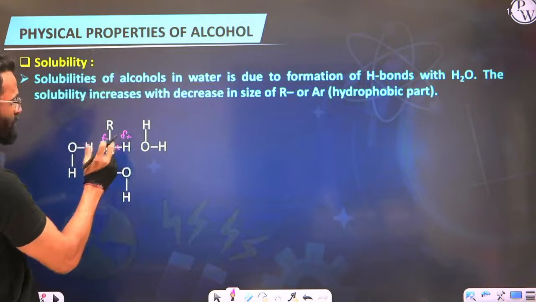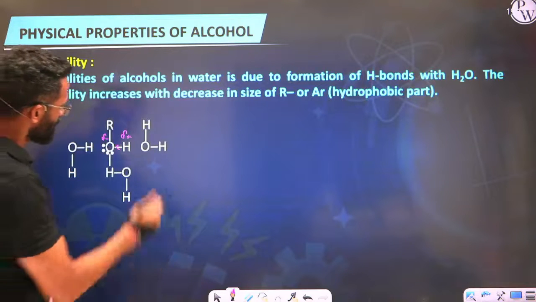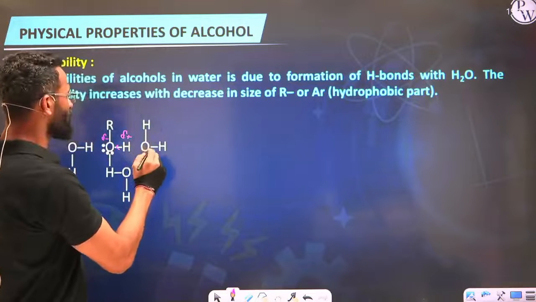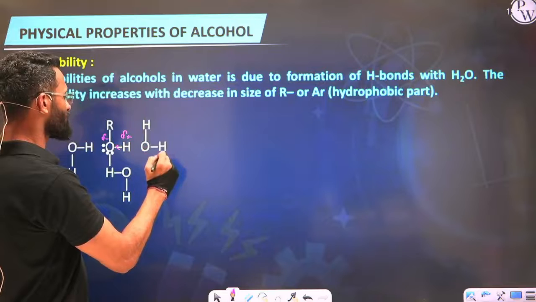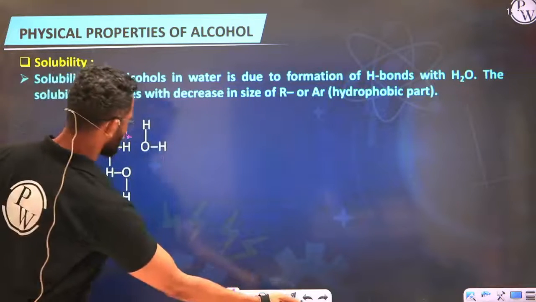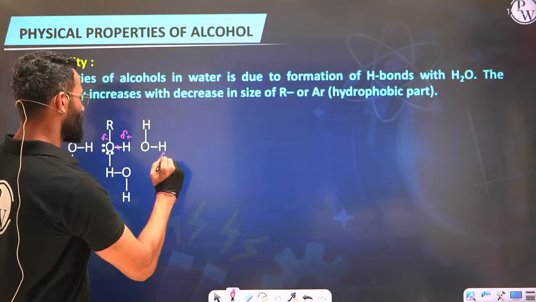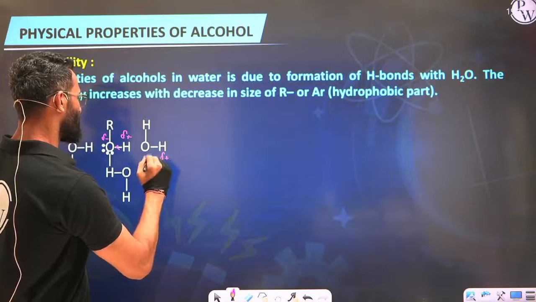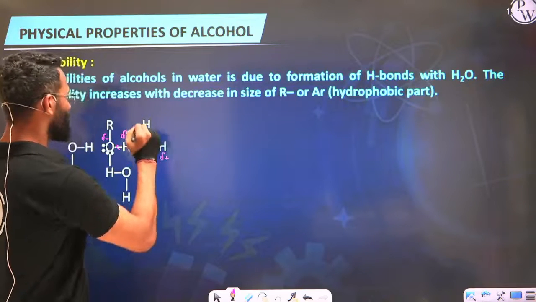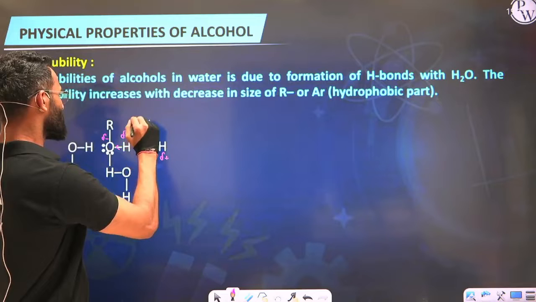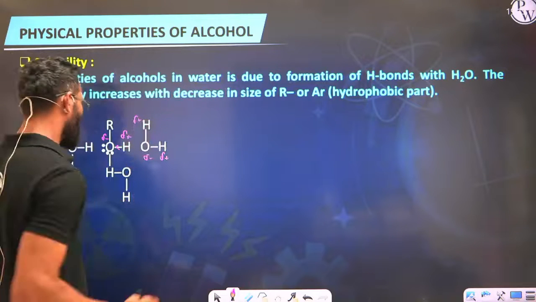So it has a dipole. Even in water, we have hydrogen connected to oxygen, which means we will have delta plus on hydrogen and delta minus on oxygen, so even this is a dipole.